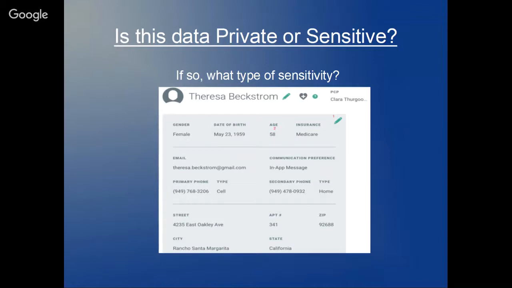Working with HIPAA in the past a lot, if a doctor is looking at this or someone in the insurance or claims department at the hospital, yeah, they need this information. But if I'm the janitor, no. So now we start getting into security: role-based, who can see what?